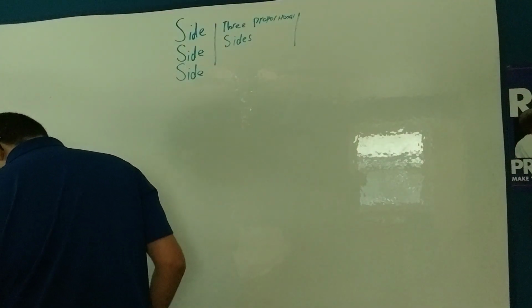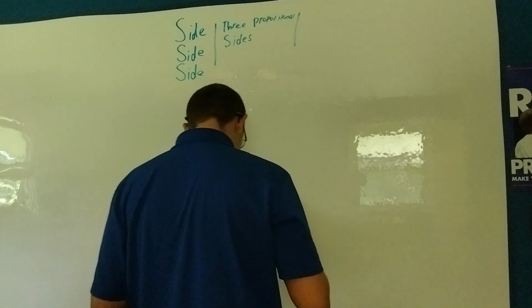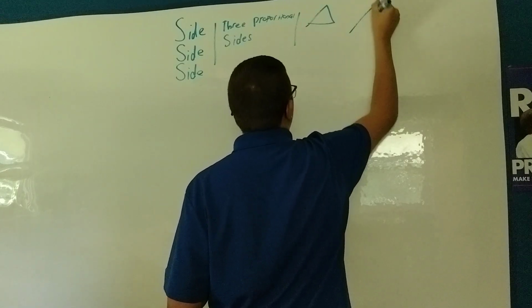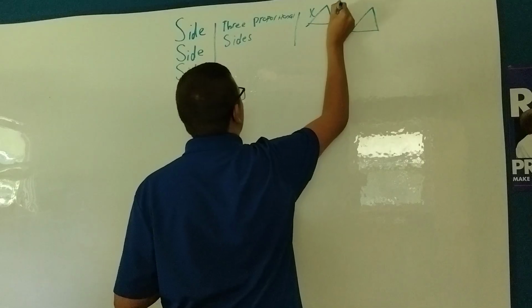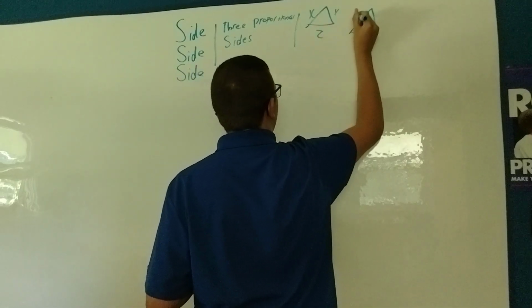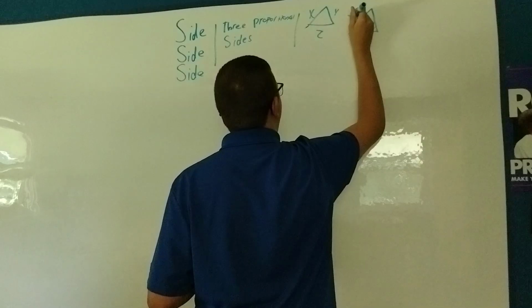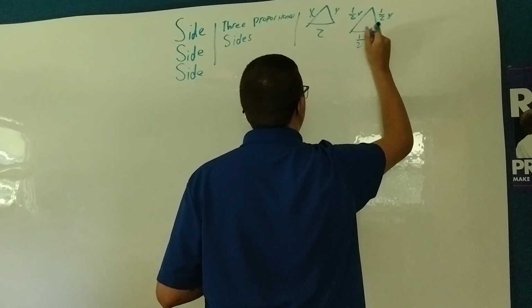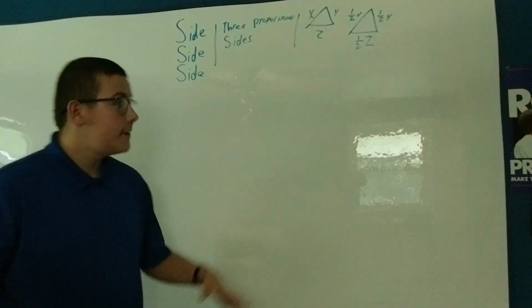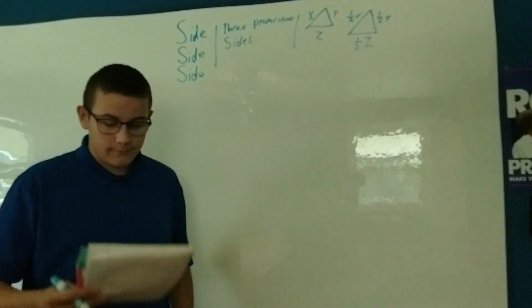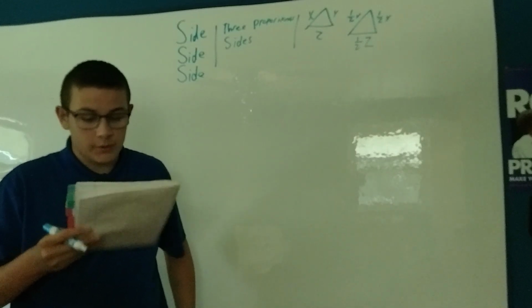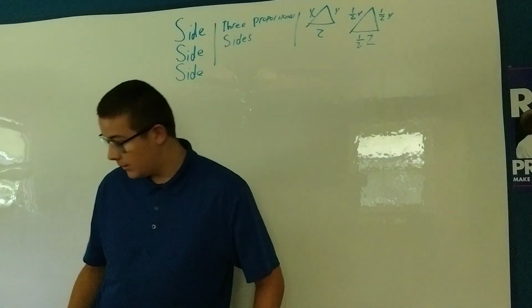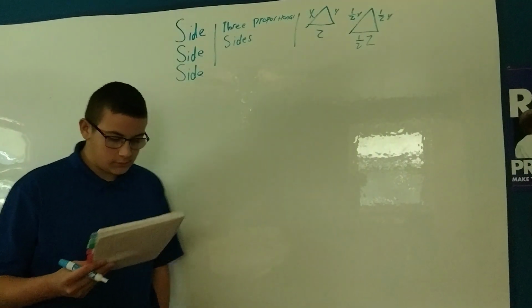And then that would look something like, if we have a triangle here and a triangle here, we'll call this X, Y, Z. Call this 1/2 X, 1/2 Y, 1/2 Z, like that. Because these are all 1/2, they're going to be proportional because that 1/2 will cancel out when dividing.